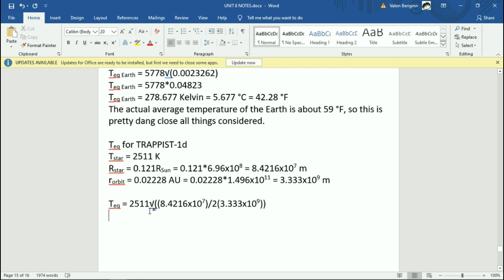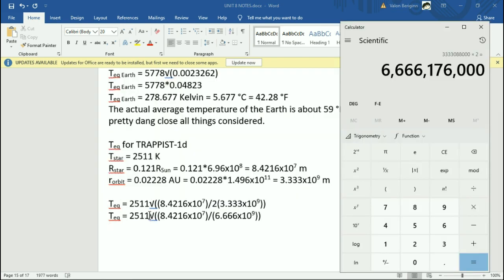So 8.4216 times 10 to the 7, divided by 6.666 times 10 to the 9. Then you have to divide that, and then you want to flip it.